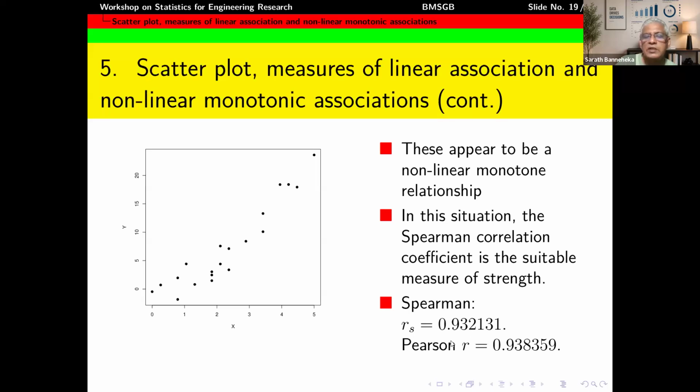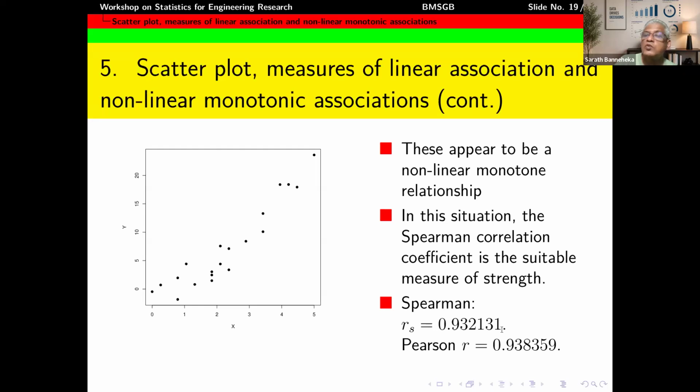But it's better to use Spearman's when you are interpreting. In this case, no matter which one you use, your interpretation will be close. But if you use Pearson's, you will be interpreting this number as a strong positive linear relationship, which may not be the correct one.